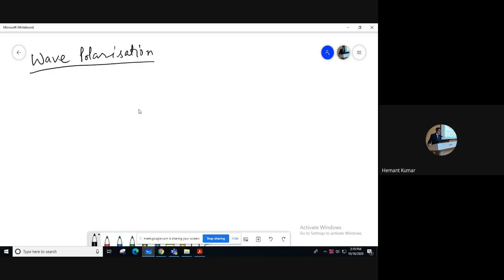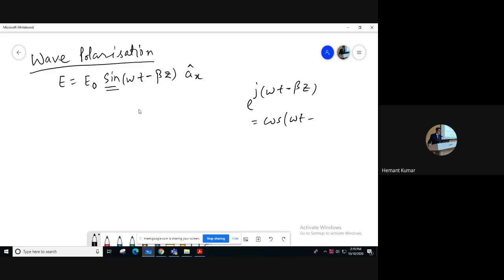Suppose we have an equation E is equal to E naught sine omega t minus beta z, A X. Don't confuse with the sine word; it is just the imaginary part of that, omega t minus beta z, nothing else. It is equal to cos. You may see cos or you may see sine in the equation; don't confuse with that, these both are the same. Suppose this is given to you and the question is, what is the polarization of the wave?